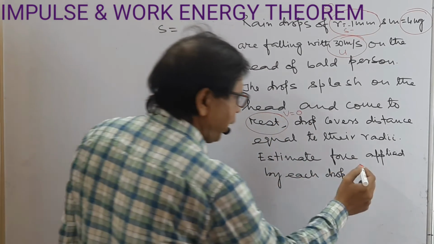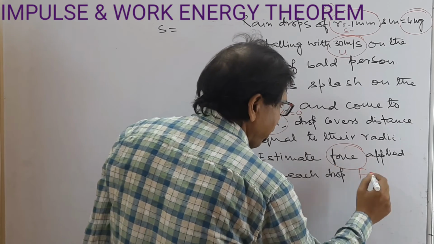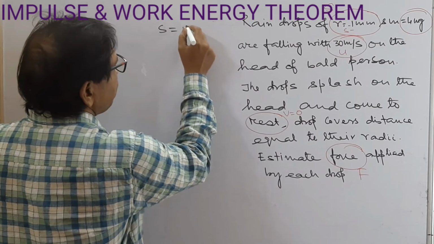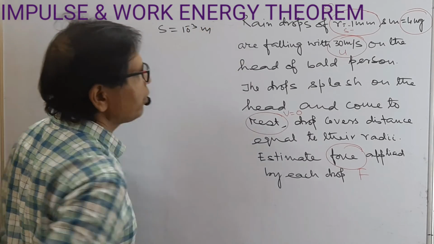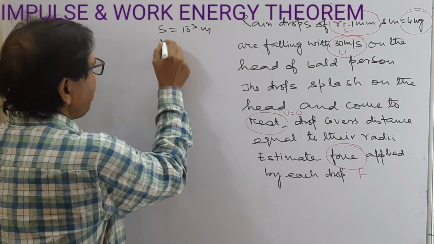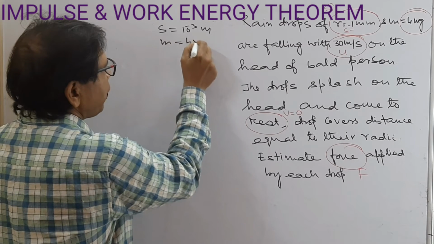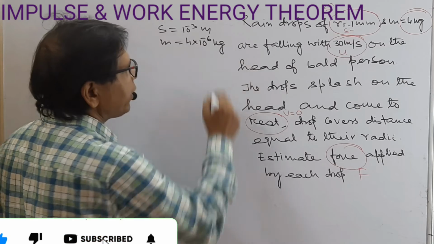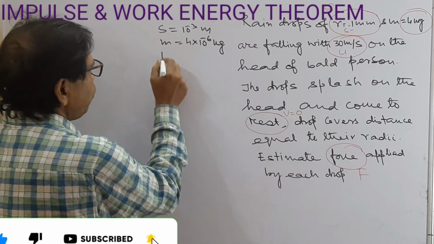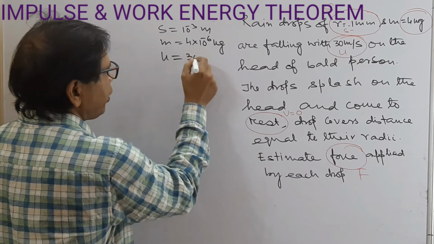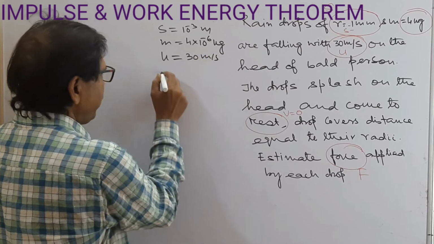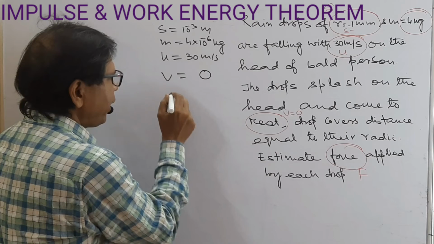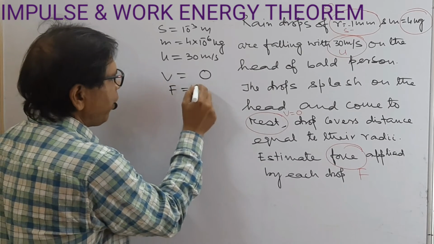We have to calculate the force applied F. Here S equals 10 to the power minus 3 meter. Mass M is 4 milligram, that is 4 into 10 to the power minus 6 kg. U is 30 meter per second, V is 0, and we have to calculate F.